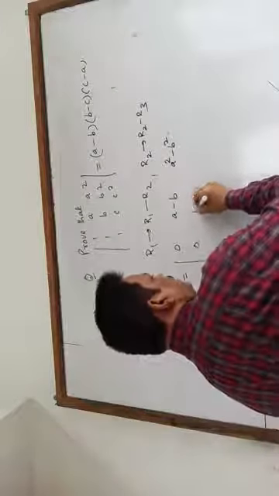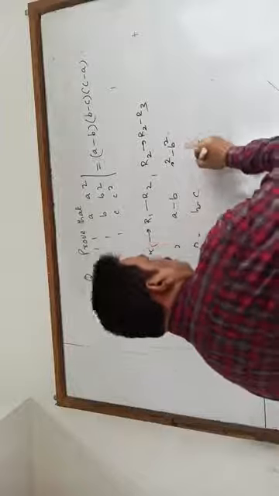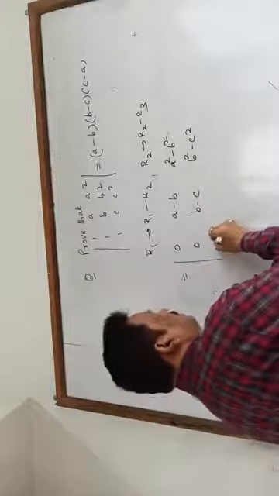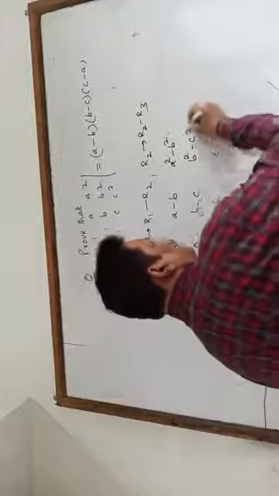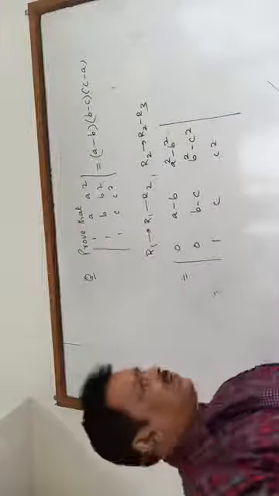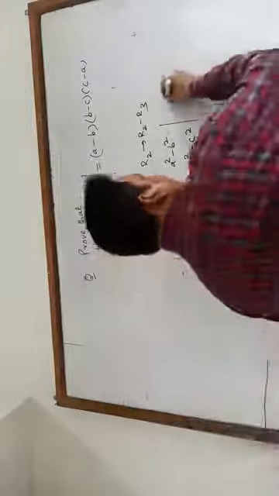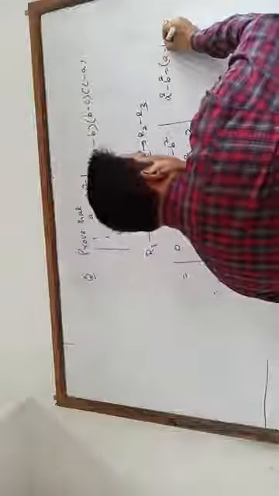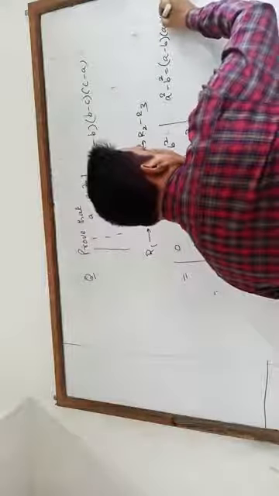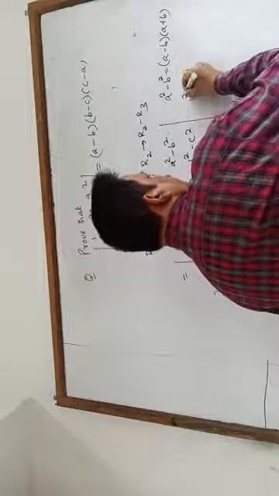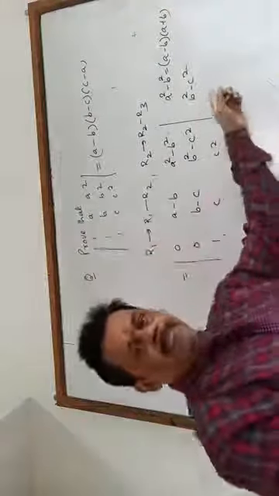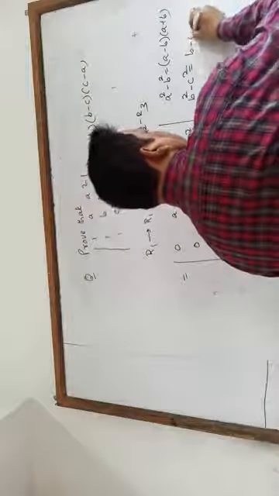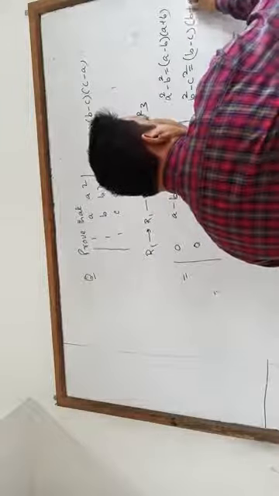This is b minus c. This is b square minus c square. This is 1, c, c square. Okay, look here. A square minus b square is (a minus b)(a plus b). B square minus c square is (b minus c)(b plus c).